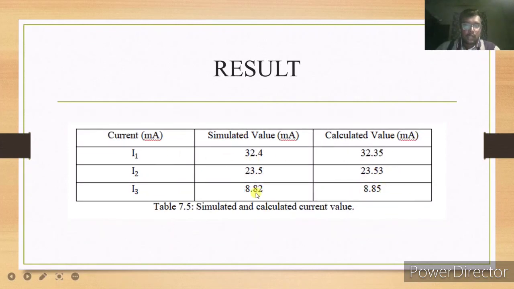This is table 7.5, which shows the simulated and calculated current values. For the current, the simulated value is obtained from the Proteus software, and the calculated value we calculated using some formulas for this activity 4.